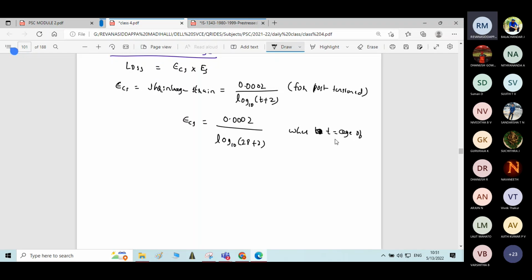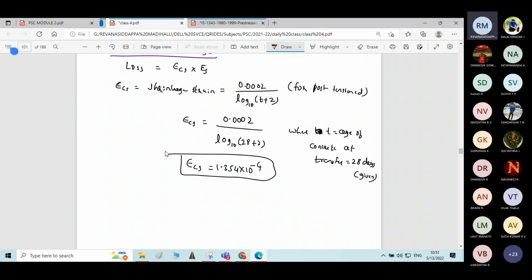If you calculate this, you will get 1.354 into 10 power minus 4.